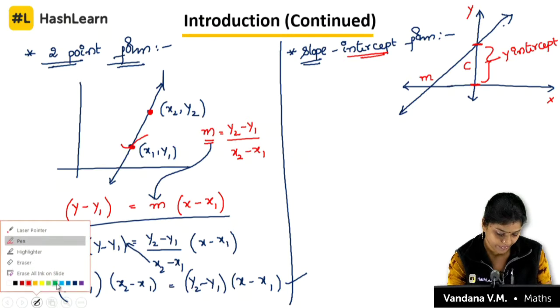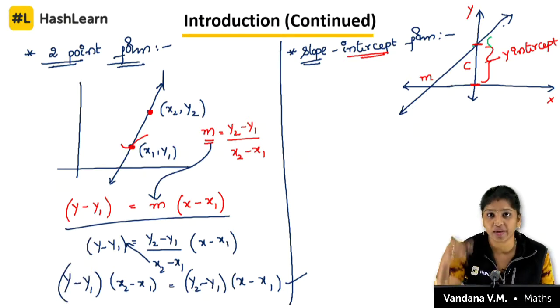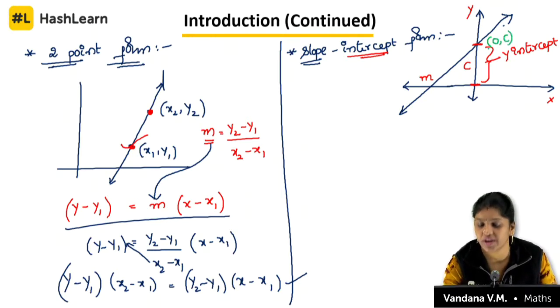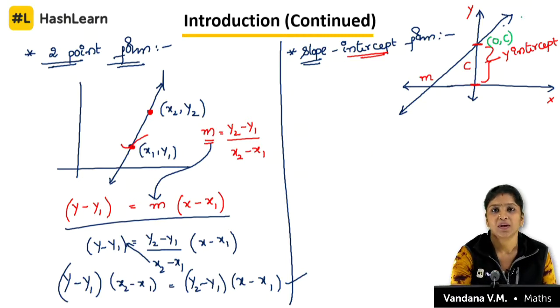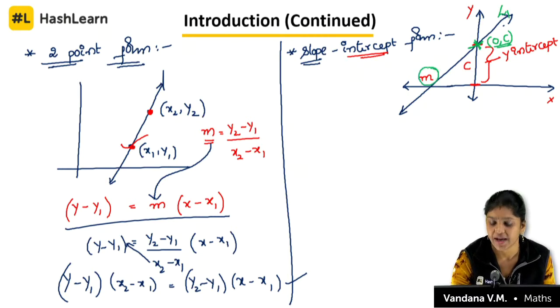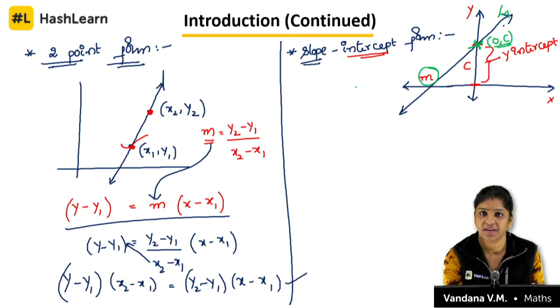See, this point is on the y-axis. So, x value is 0, y value is c. I can take like that, right? Yes. Now, it is so simple to understand. I know the passing through the point. The line is passing through 0 comma c and the slope is m. So, now it is reduced to the first format, that passing through the point and the slope.